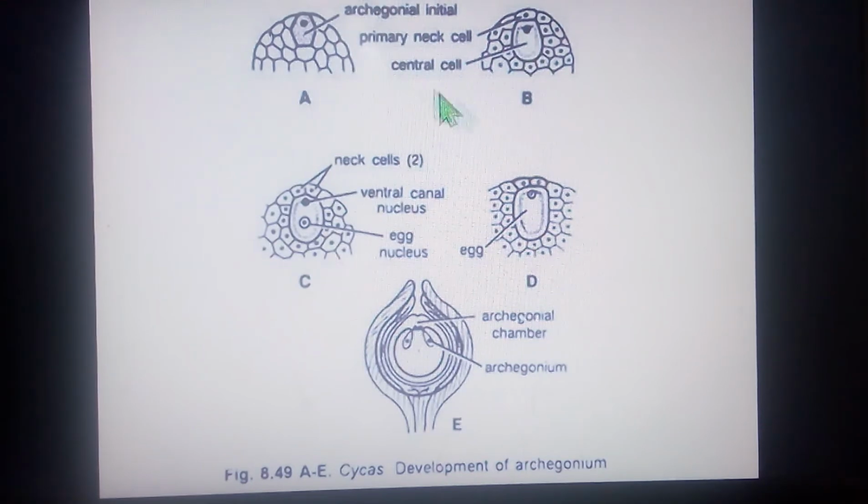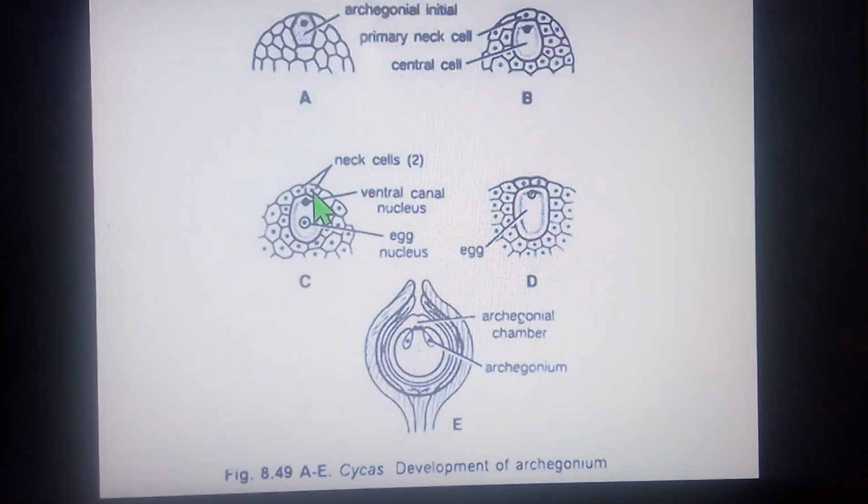Now next, the primary neck cells will again divide, but here it's not a periclinal division, it is anticlinal division, to form two neck cells.